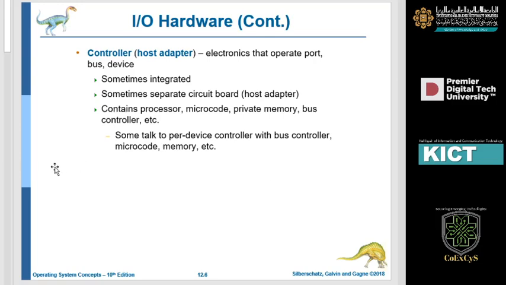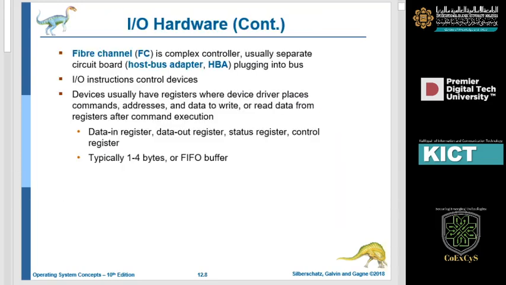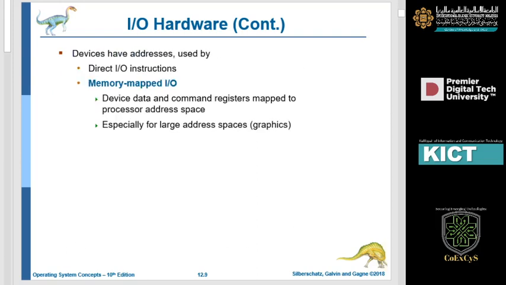In contrast, there are other types of port connections, such as the fiber channel bus controller, which is not that simple because it handles fiber communication. So all of these are connected, and they have direct I/O instructions.